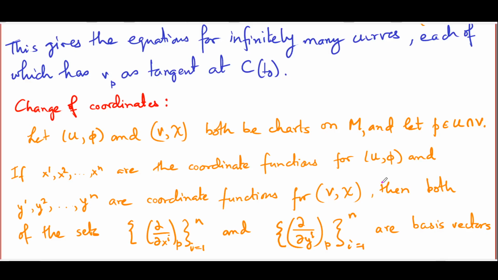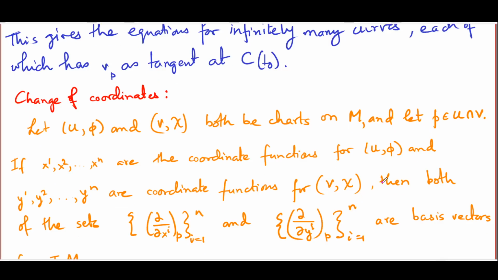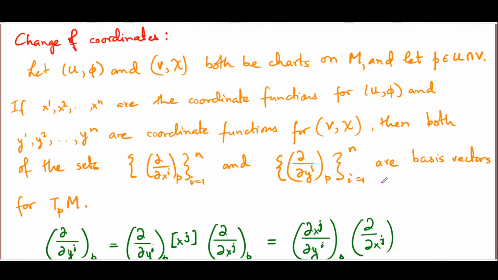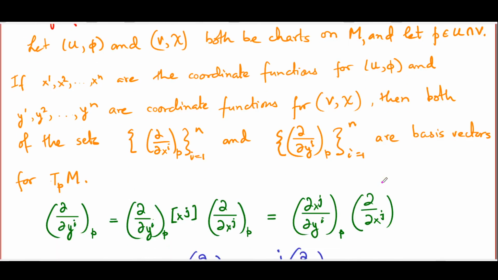And the answer to that is very, very straightforward. It follows directly from the fact that every vector Vp is Vp acting on xi times del xip, summed over i. So in particular, del yi acting at P is nothing but del yip acting on xj times del xj.